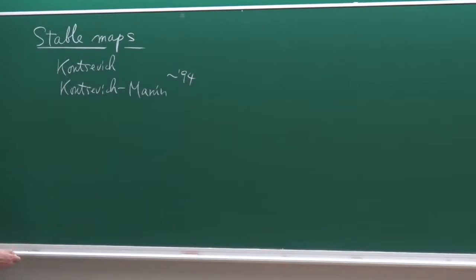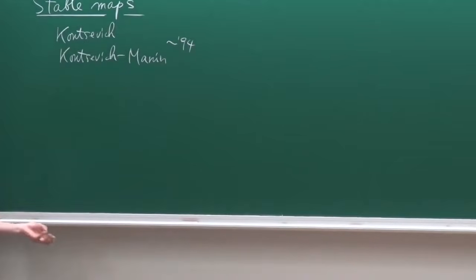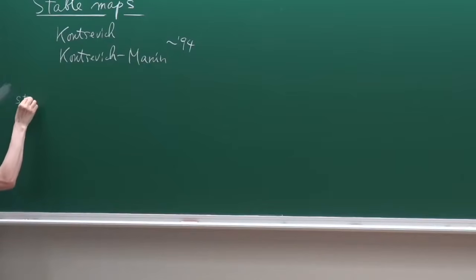So I just want to remind you of the definition, and then next I want to tell you a little bit about the topology on it, and then I want to discuss the compactness of the moduli space. Okay, so let's start with stable curves.